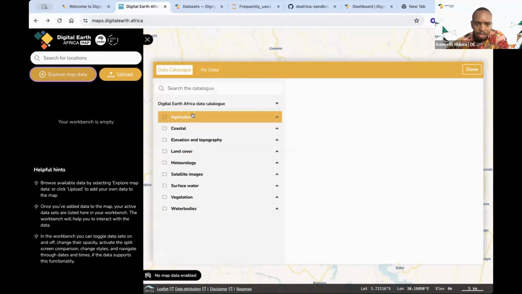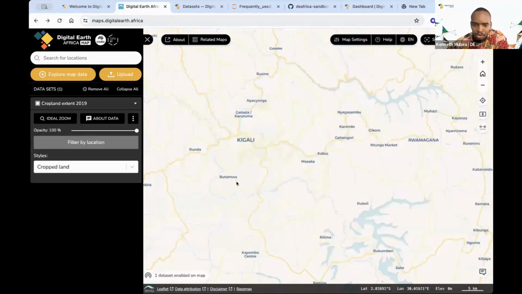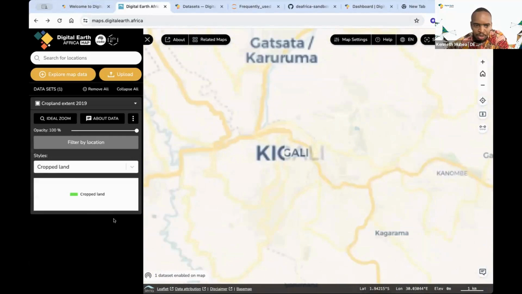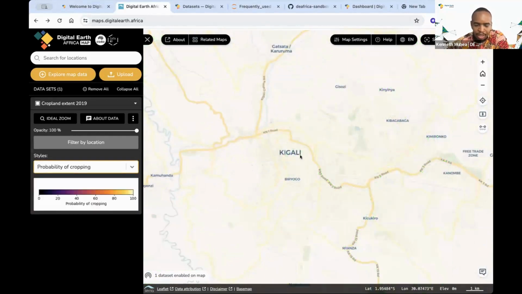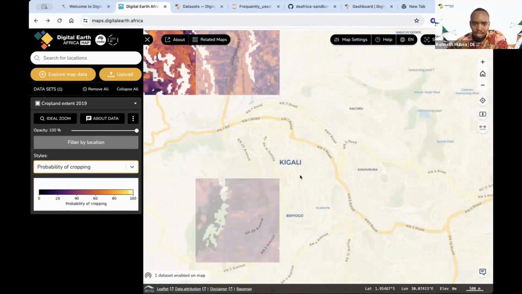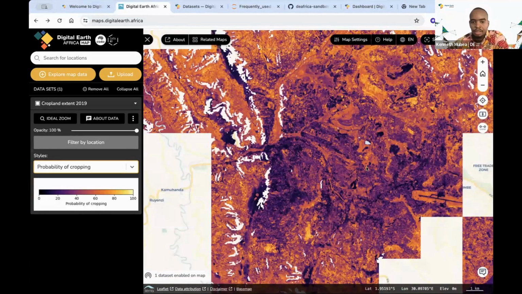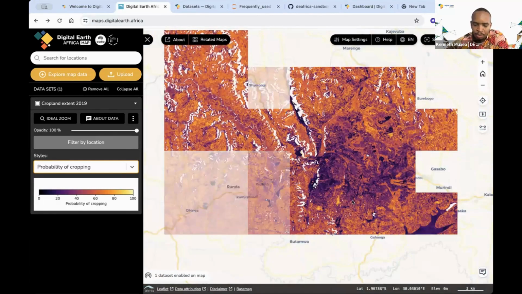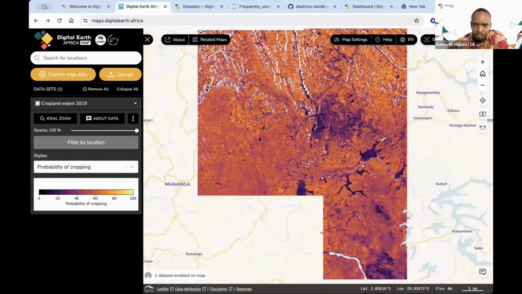And you just added the data on agriculture, and you are able to show us the extent, and you are showing the probability of cropping, which is the yellow and the red. And as we move towards the new areas at 10 meters, you can see some of the crop areas, partially very deep yellow.